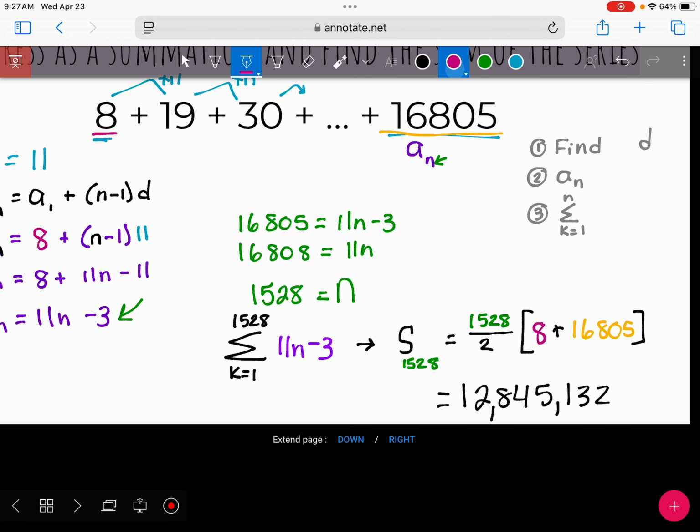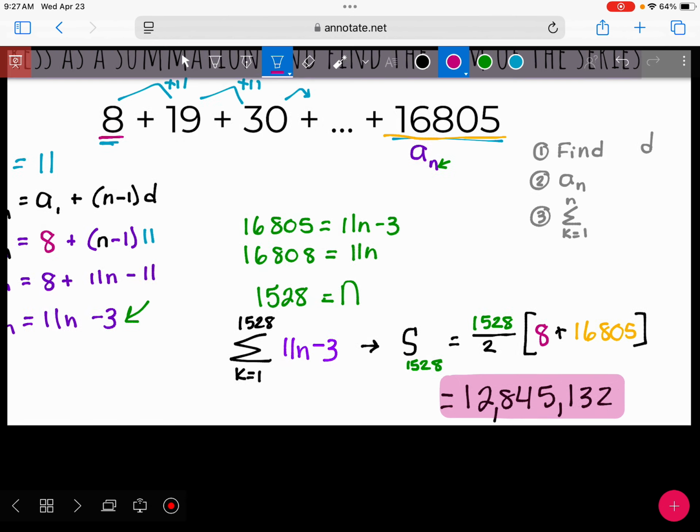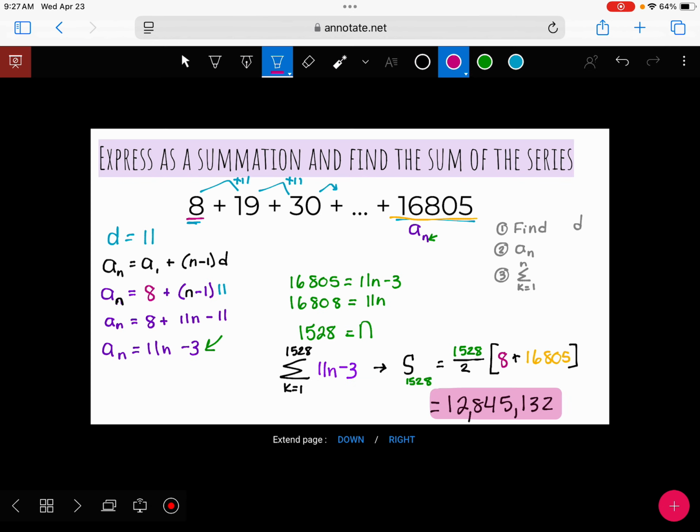So this is our sum. This is the sum of our sequence here. Okay, so these two statements mean the exact same thing. The sum of the sequence starting at 1 going to number 1,528 of our function rule, same guy. Since it's an arithmetic sequence, this is a linear statement here, we can do so.